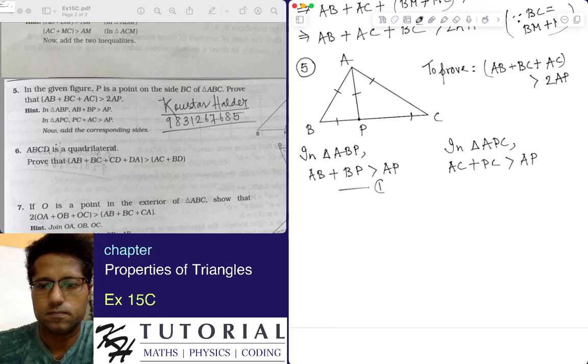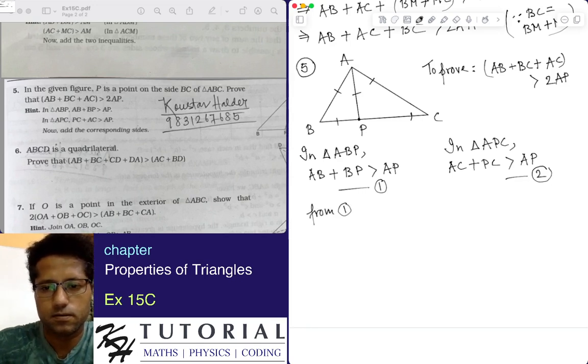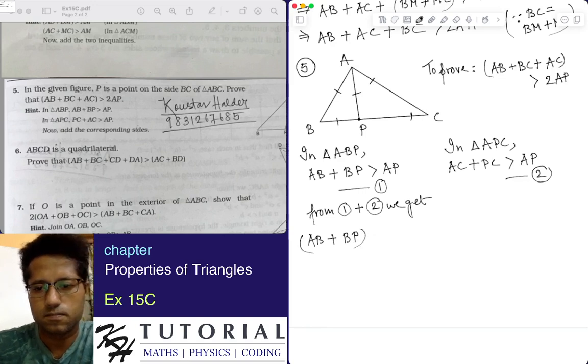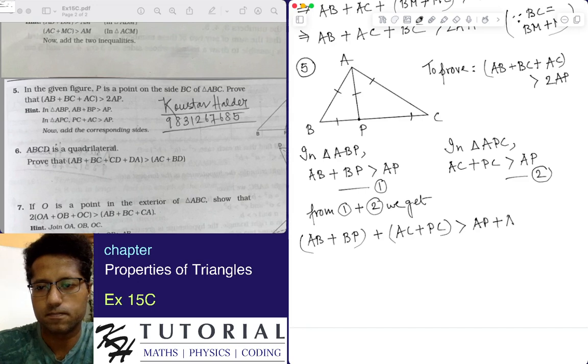So problems 4 and 5 are exactly the same. Adding the two inequalities 1 and 2, we get AB plus BP plus AC plus PC greater than AP plus AP.